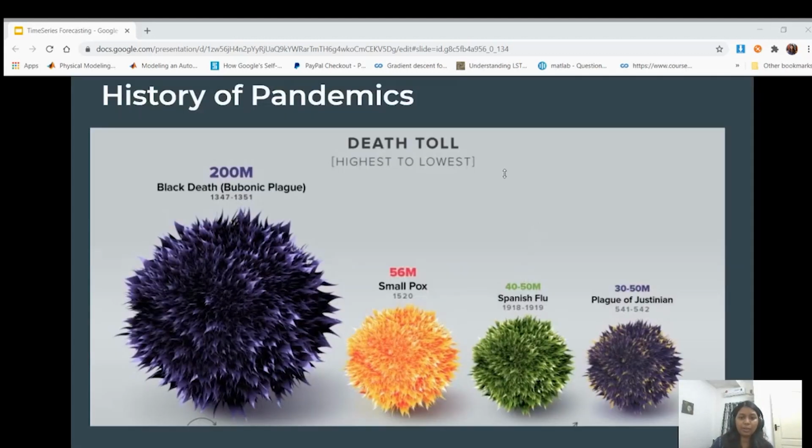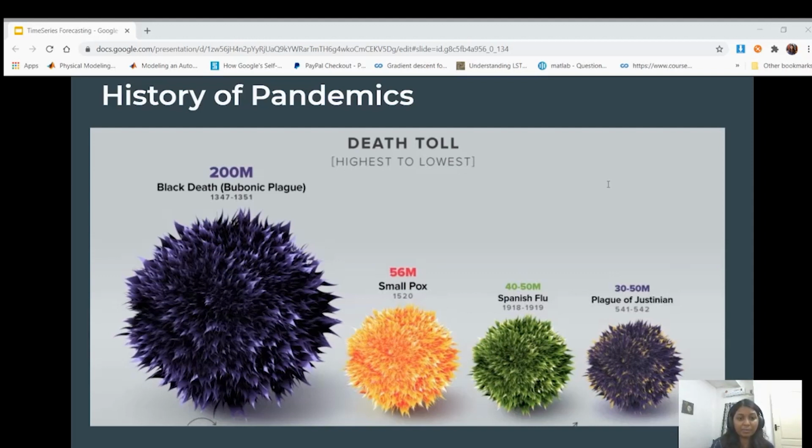As I told you, pandemics haven't been new. There have been a lot of pandemic cases in history, but the global coronavirus death toll on the 30th of September has reached more than 1 million, and there have been 33.6 million confirmed cases.